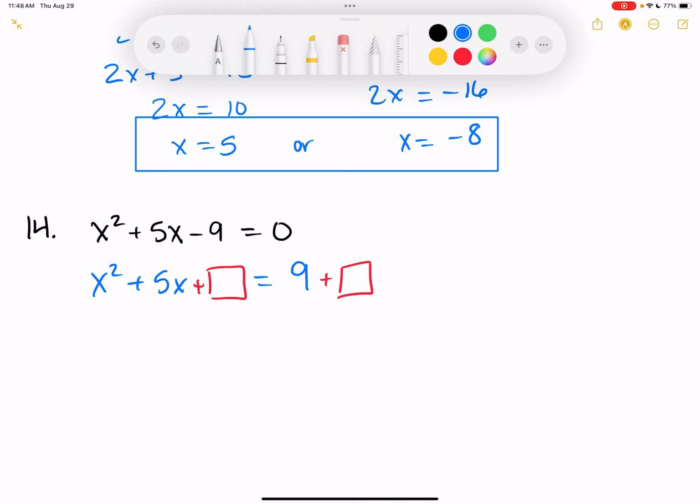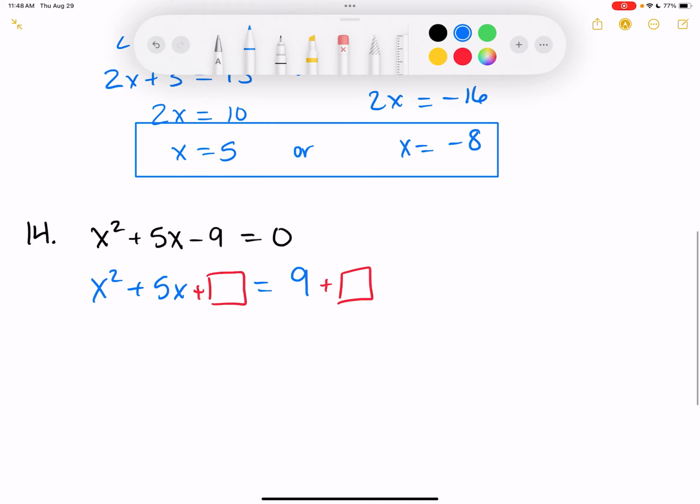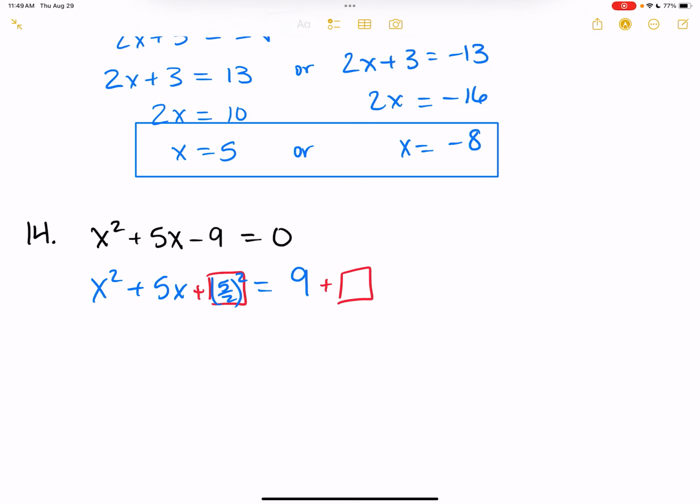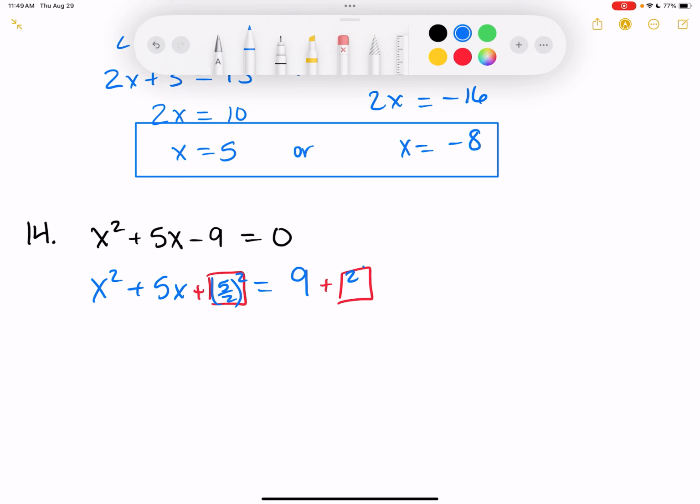Half the middle term squared. So I take half of this, so 5 halves, and I square it. And what I do over here, I have to do over here. I usually write this side with the square on it because of doing a perfect square trinomial, but over here I usually go ahead and multiply it out, so I'll have 25 over 4 on this side.